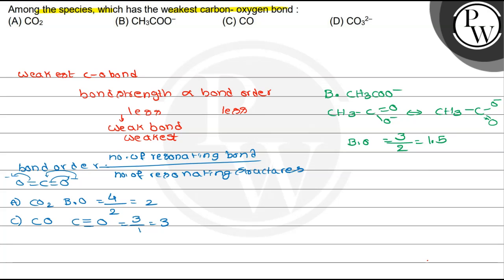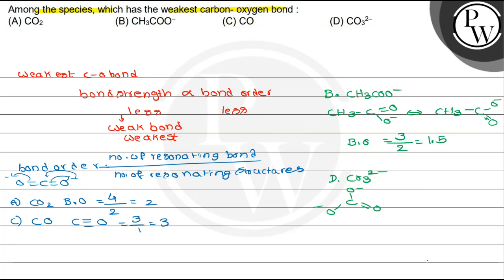Then coming to option D, CO3 2 minus. Whenever we observe CO3 2 minus, this structure, C with O minus, double bond O, O minus, is one of the resonating structures of CO3 2 minus.